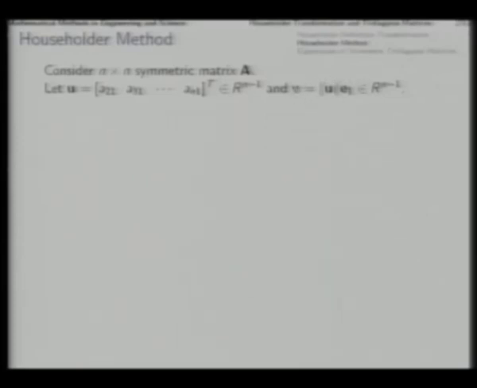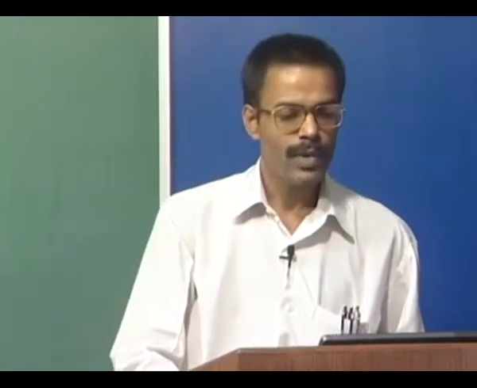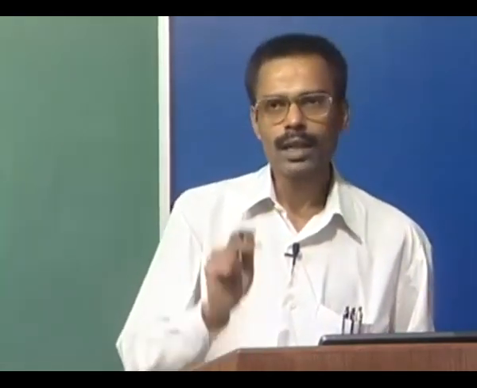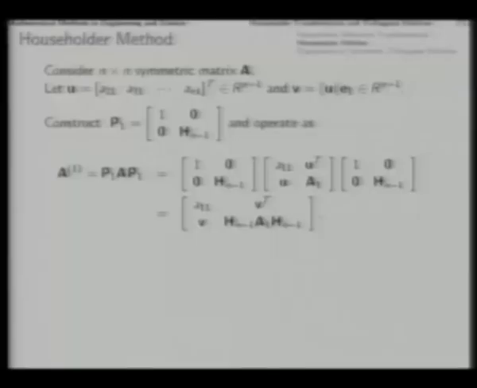With this u and v, we work out w, u minus v divided by its magnitude, and then we work out the Householder matrix H_k, in this case k is n minus 1. So, it will be an n minus 1 by n minus 1 matrix, H_(n-1) we call it, right.